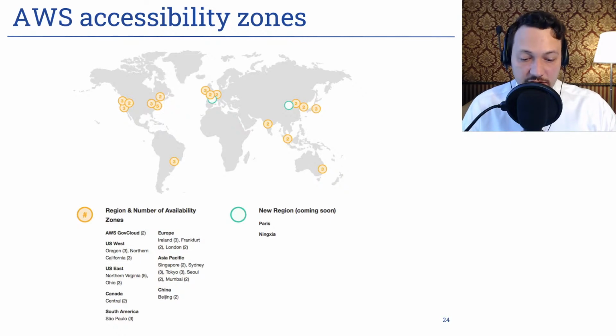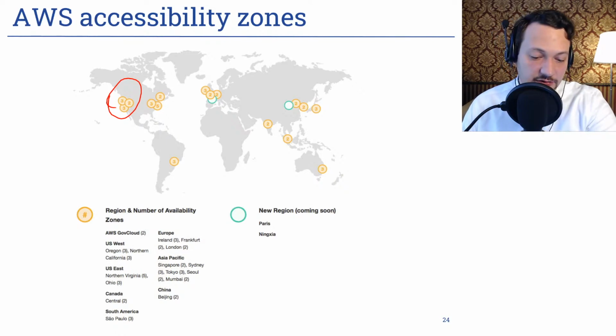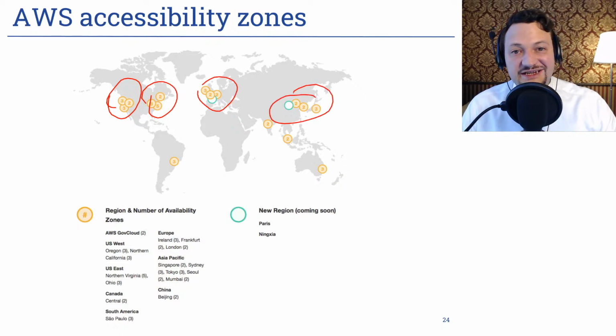And you can see so-called availability zones here and here and here. But the exact address of the location of the web server or the virtual machine that they would share with you is unknown.